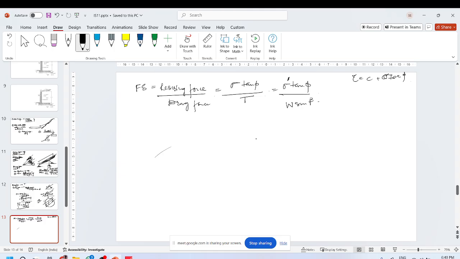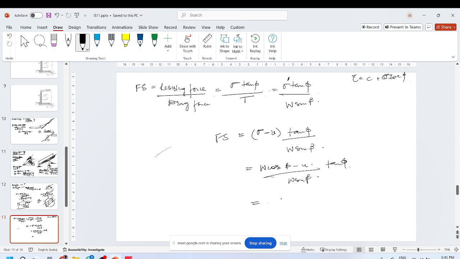So if you have a U, you will have factor of safety equals sigma minus U tan phi over W sine beta. This will be your W cos beta minus U over W sine beta, tan phi.